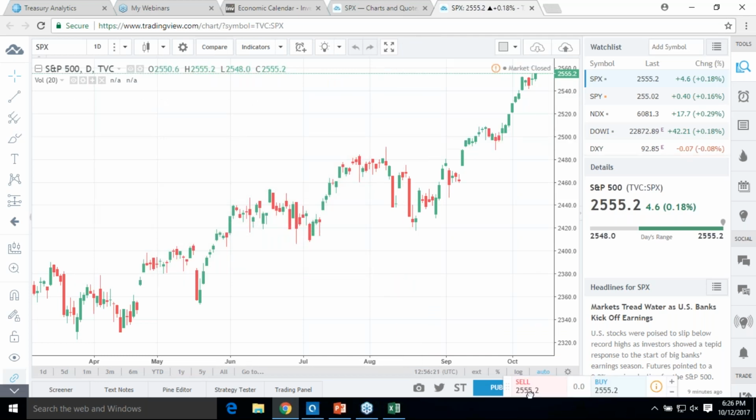So as we can all see, this is the S&P 500 cash price that we are looking at, 2,555. We were trading 25.48. There is a price difference because the one that we traded was the real-time price, and the one that we are seeing on this web browser is delayed by about 15-20 minutes, right? So therefore, there is a price difference. Plus, the contract that we were trading is a futures contract, and this is probably the cash market price, right?